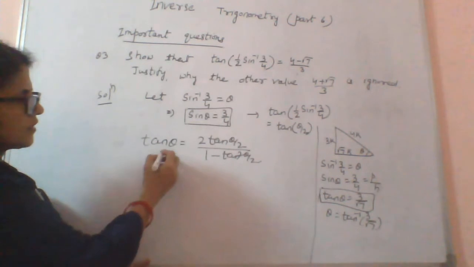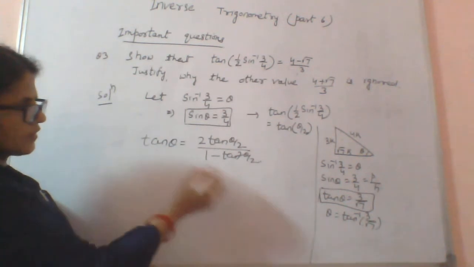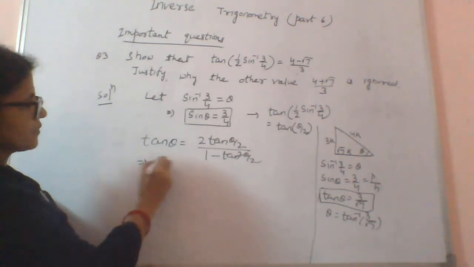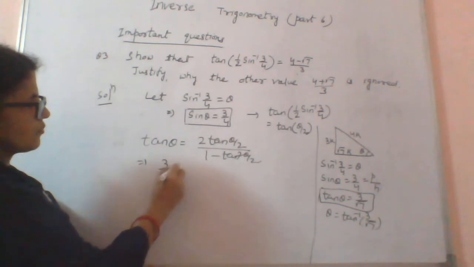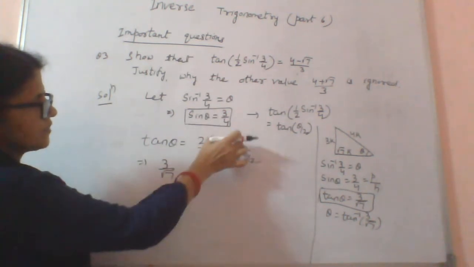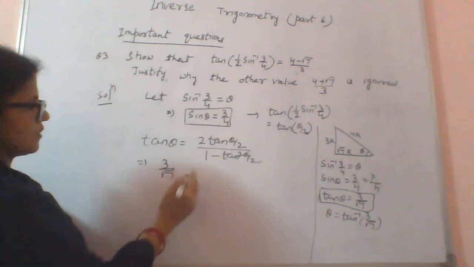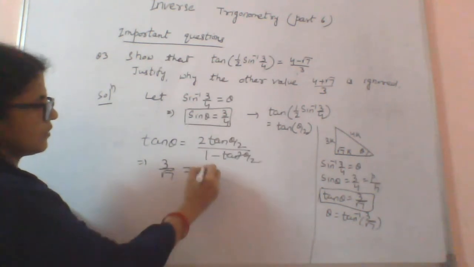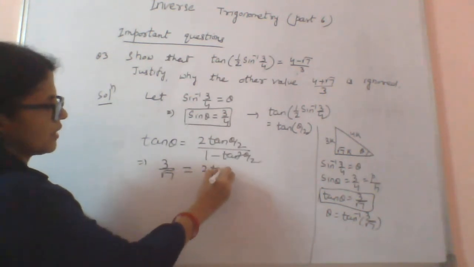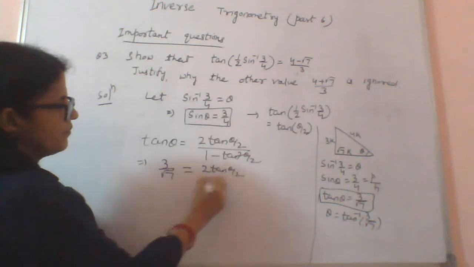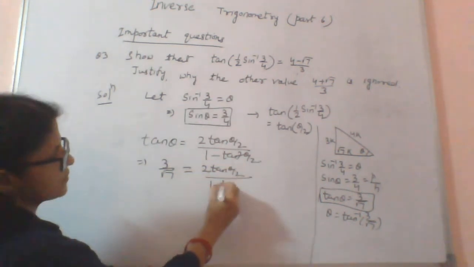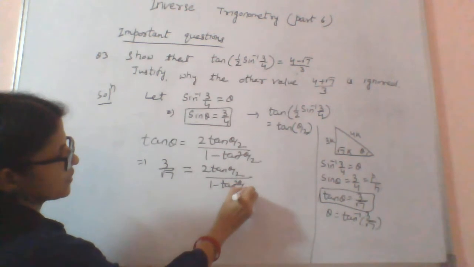So tan theta we have, tan theta is 3 by root 7. Because we need this tan theta by 2 as per the question. 3 by root 7, here it is 2 tan theta by 2 by 1 minus tan square theta by 2.